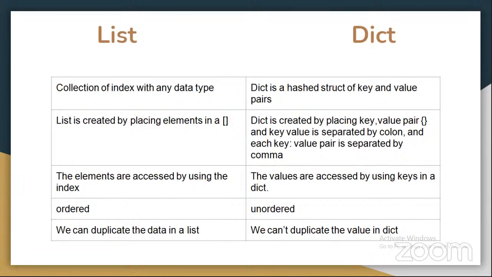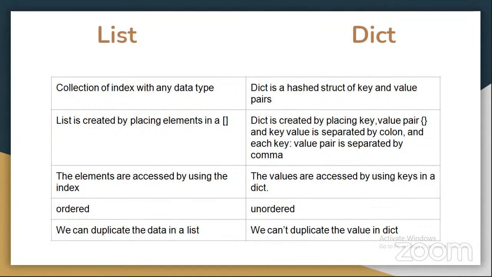For the list data type, we are using first in first out, a collection of indexes with any data type. The data we have entered into a memory location is taken as an origin index.